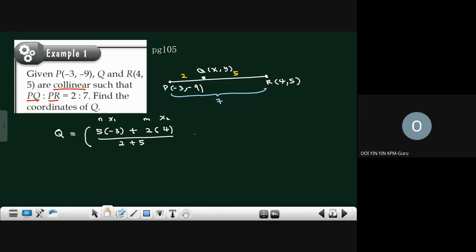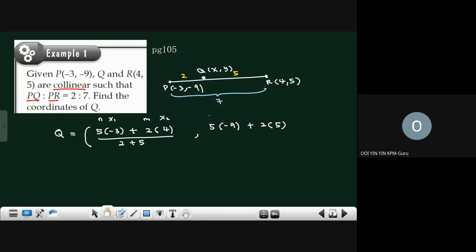Follow exactly. And then for your coordinate y, same goes. For your -9, we must multiply with 5. 5 comes first, then your -9, and then plus your ratio 2 multiplied with your coordinate y2, which is 5.